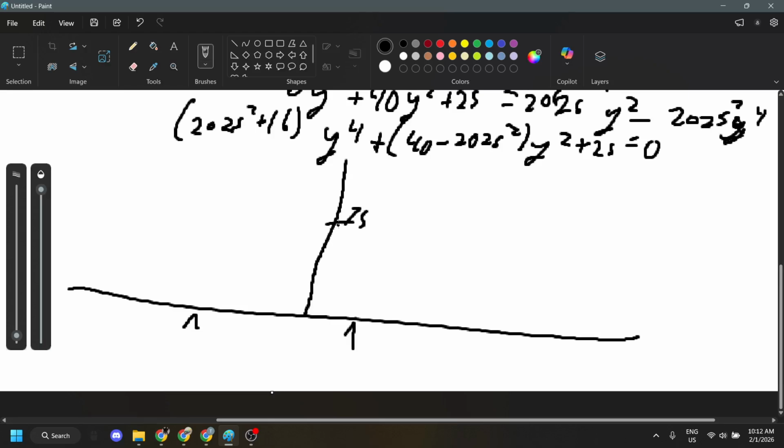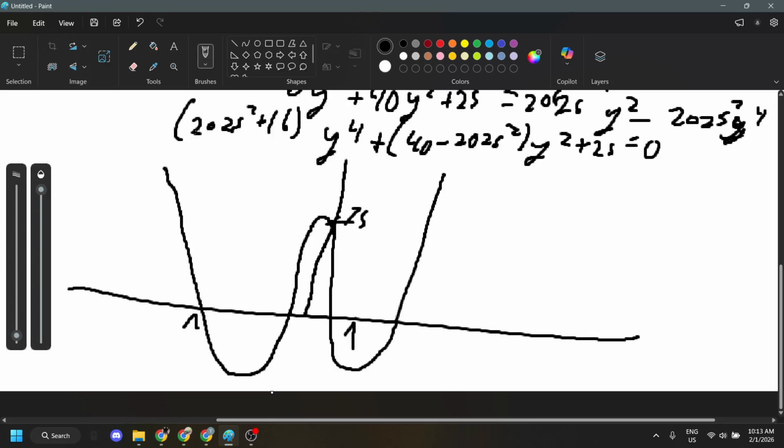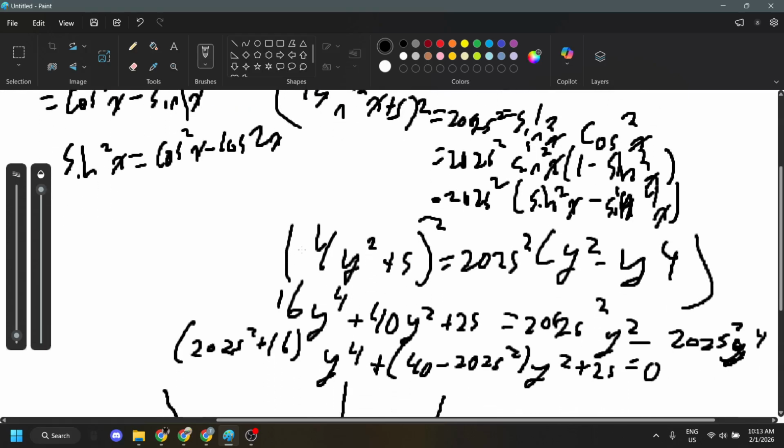It's gonna go very far into the negatives and then go up. Like this, I think. So there should be 4 solutions for sine, maybe 2 of them are extraneous. Which one of these would be extraneous? I don't know.